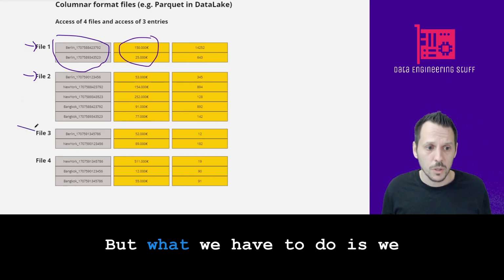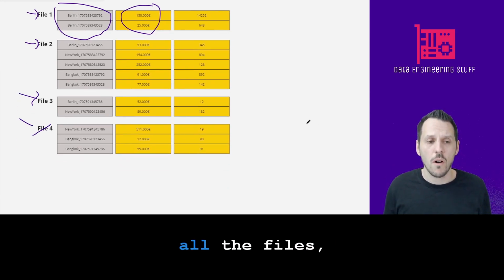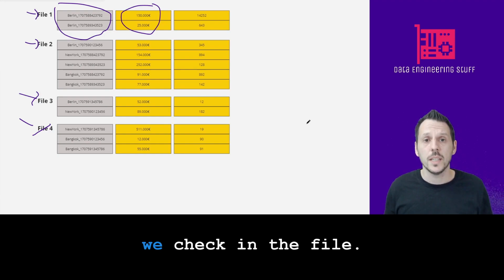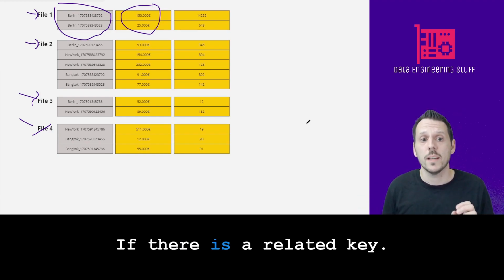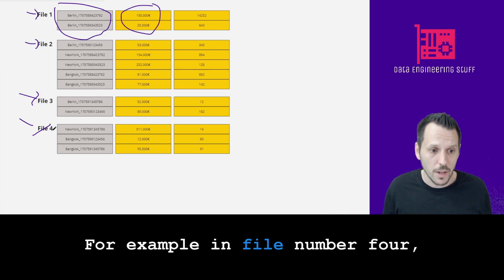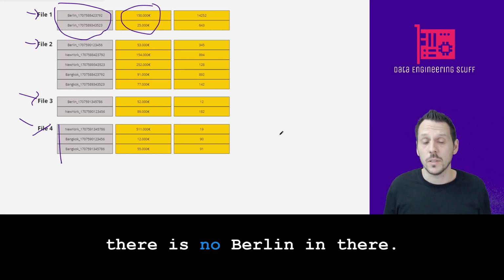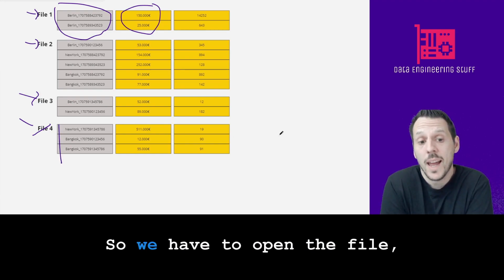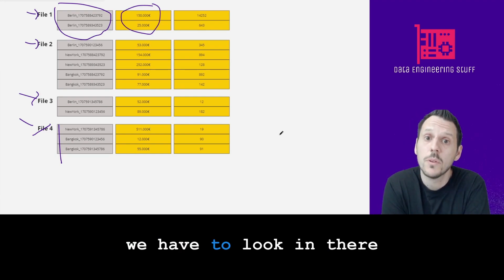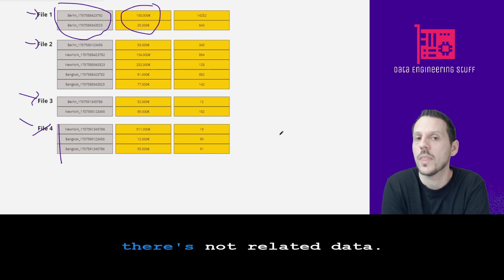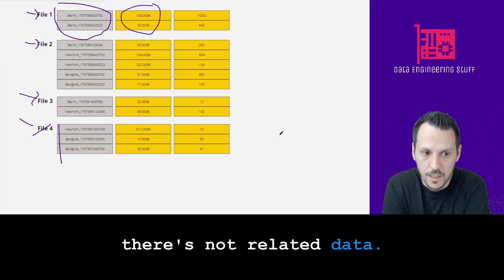But what we have to do is we have to go through all the files. We check in the file if there is a related key. For example, in file number 4, there is no Berlin in there. So we have to open the file, we have to look in there, and then we see, oh, there's no related data.